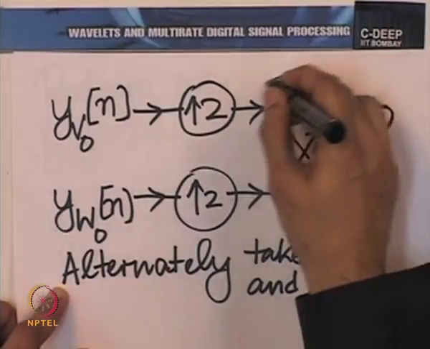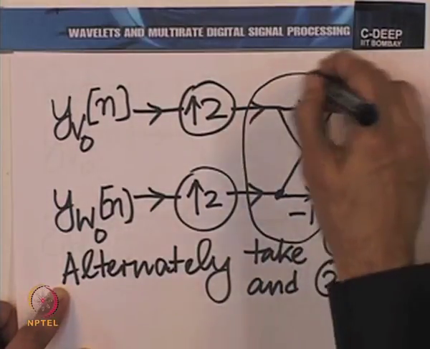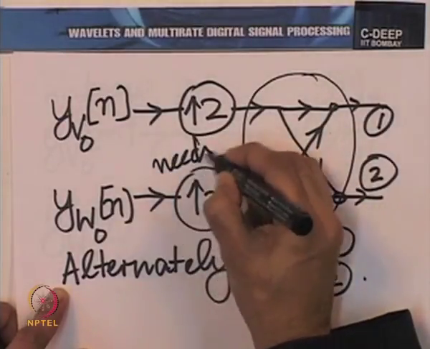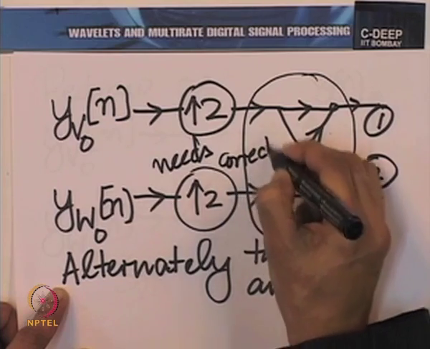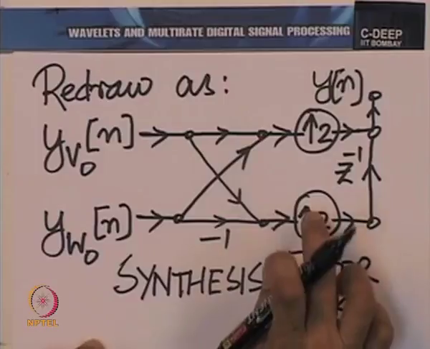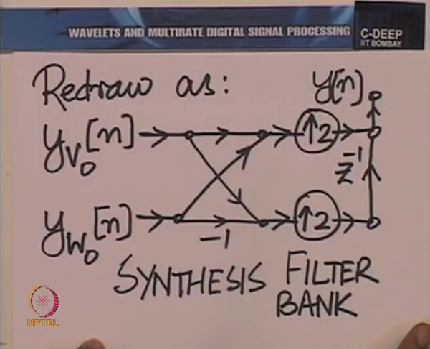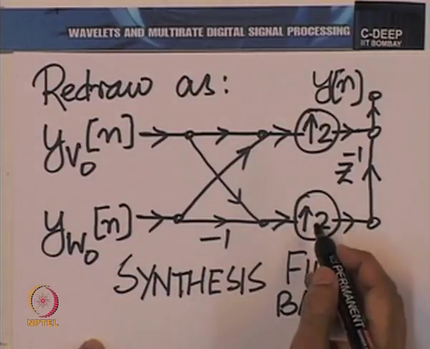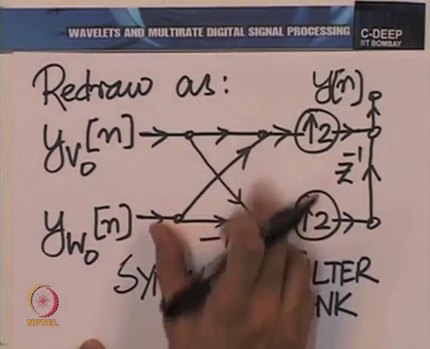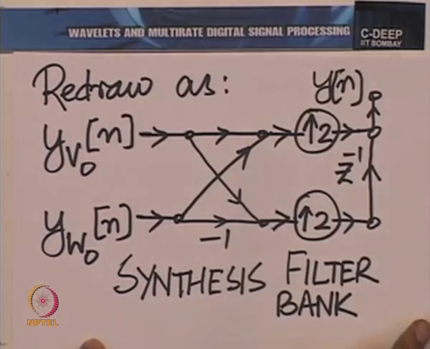This is intuitively okay, but this needs correction. In fact, now we have the corrected version emerging from here, and let us draw that corrected version by placing the upsamplers back here. Remember, the upsamplers commuted with this operation here. So, if we do that, we have the following structure.